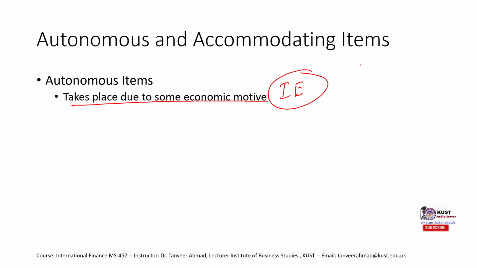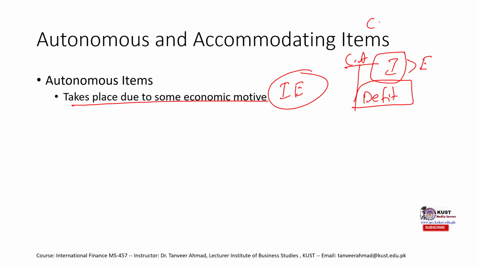But say for example, we have this current account and it's in deficit. That means that the debit side is greater than the credit side. That means that imports are higher than exports. So if imports are higher than exports, then that means cash outflow is greater than cash inflow.